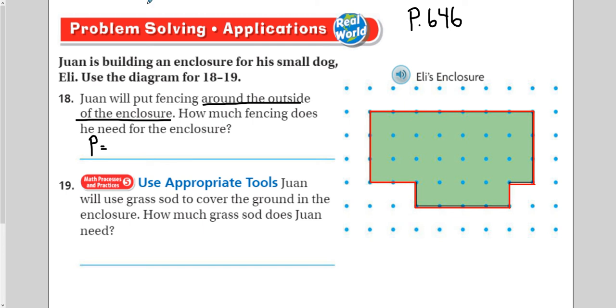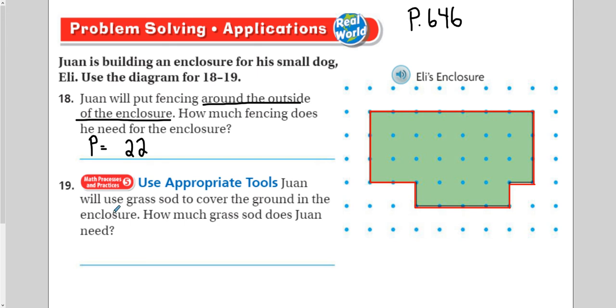Okay, so we have a perimeter of 22. Does it tell us a unit here? No, it doesn't. So I guess we can just assume 22 sections of fencing would go around.